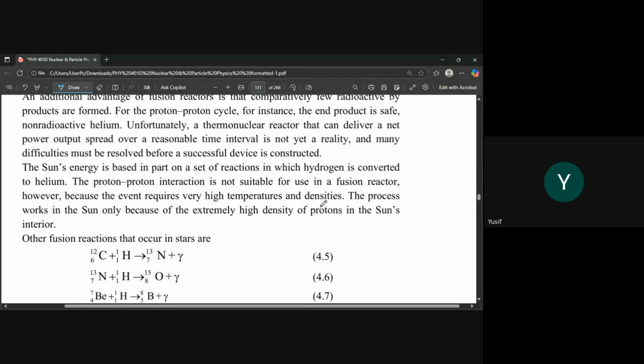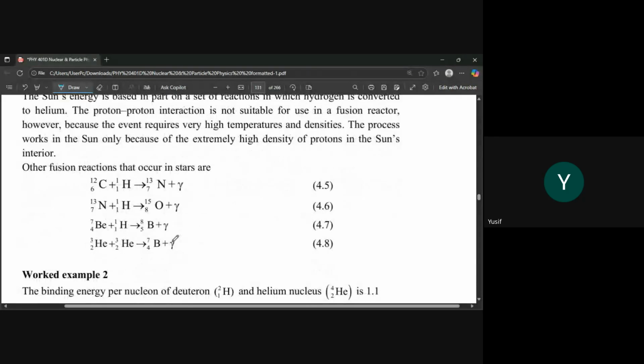Okay. So we have more of the reactions, and some are what we are seeing over here. And you know, in each nuclear fusion reaction, you can see we have gamma radiation being produced. Realize the first one you have gamma, second we have gamma, third we have gamma, and the last one we have gamma.